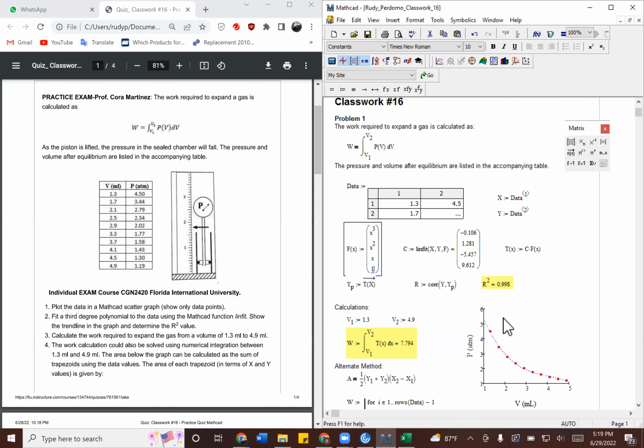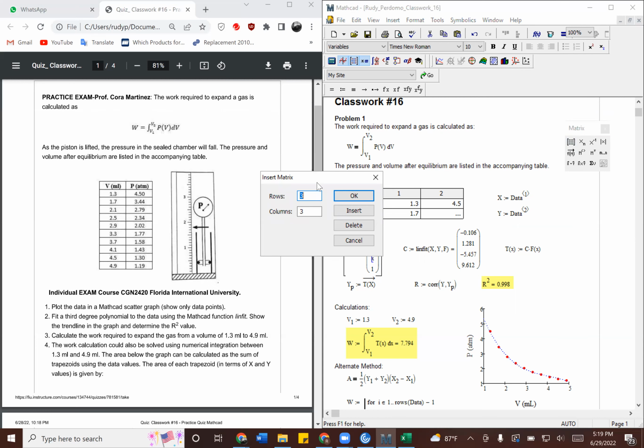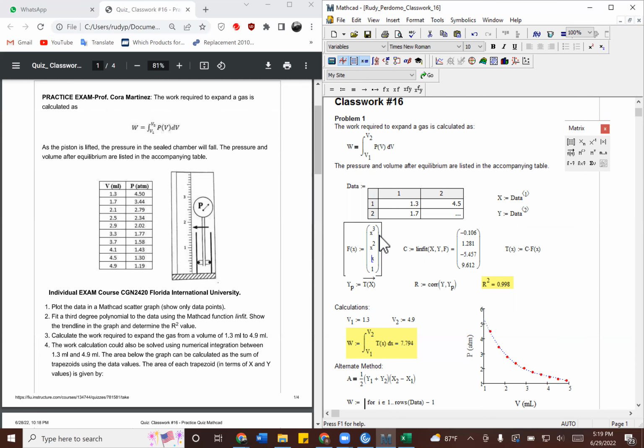But since we don't want it to start at the origin, we'll just put the 1 there because we want a constant at the end. So it'd be f of x, and then you create a matrix, 1, 2, 3, 4, 1. Then x to the third, x to the second.